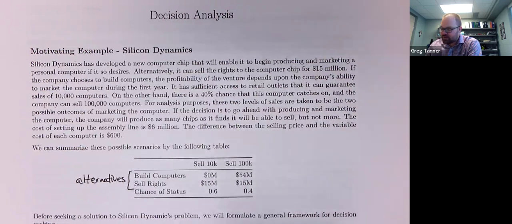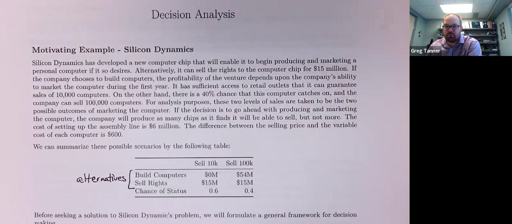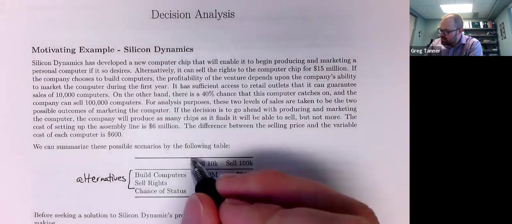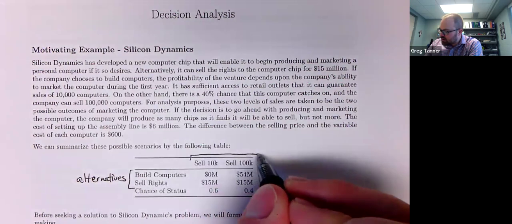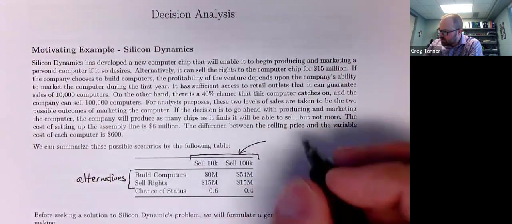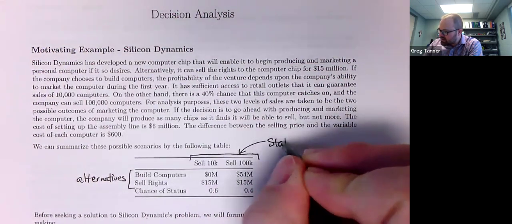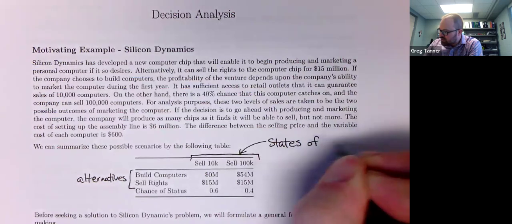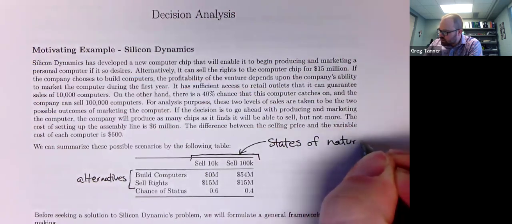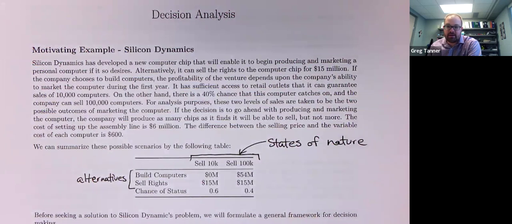So if they choose to build the computers, there's a risk and reward. Either they get nothing or they get 54 million, depending on the market rollout. These two possibilities for the market rollout are what are called states of nature. They don't have direct control over how many they'll sell.